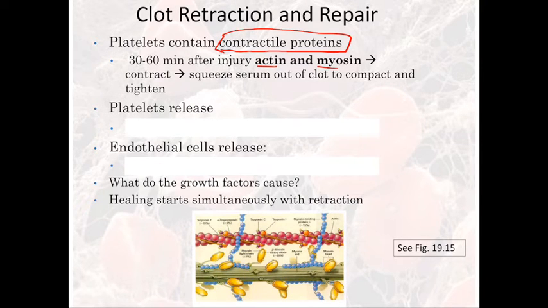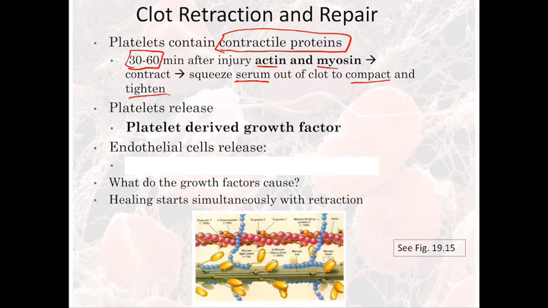About half an hour to an hour after the injury occurs, actin and myosin start doing what we know them to do, which is contract. That starts squeezing the broken part of the blood vessel together. That starts squeezing the clot together, squeezing serum out of the clot, compacting it, tightening it. And that actually pulls broken tissue back together as well.